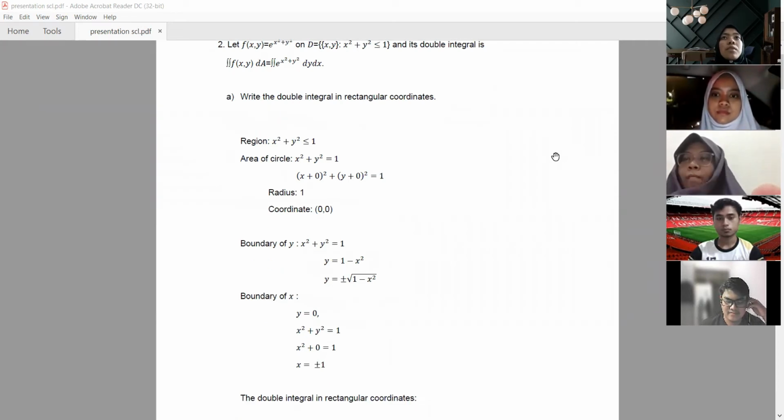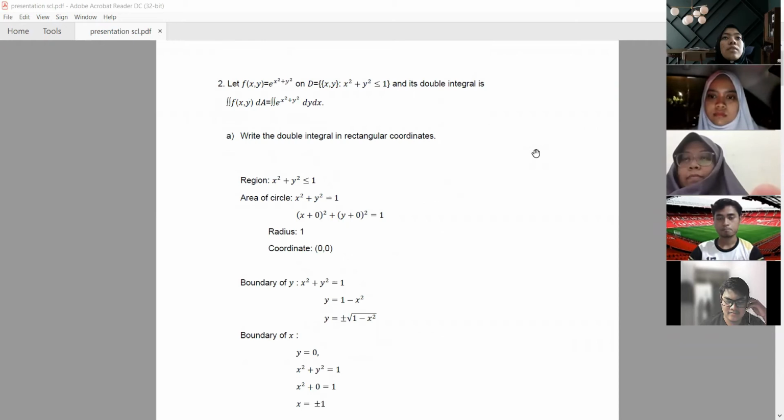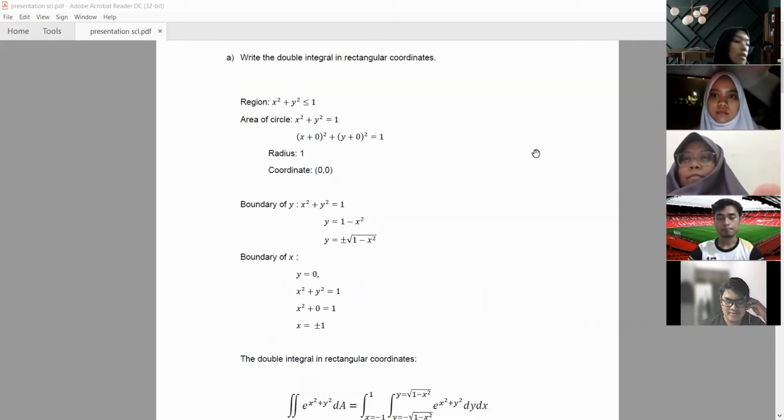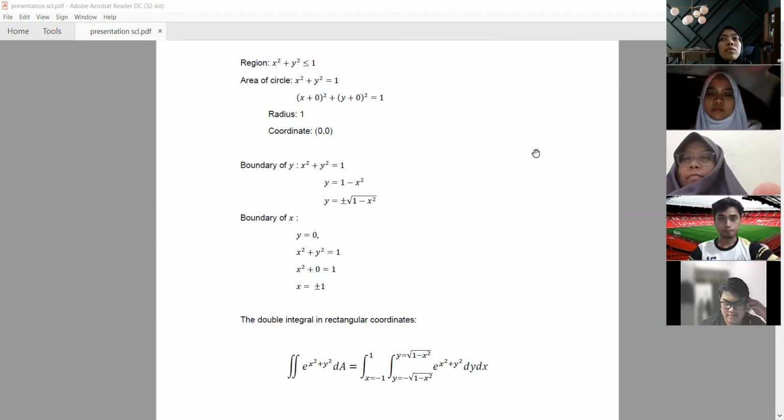So as we know, the region is x squared plus y squared less than or equal to 1, so it is the area of a circle. We factorize, and we get the radius equal to 1 and the coordinate 0, 0 for the middle coordinate.